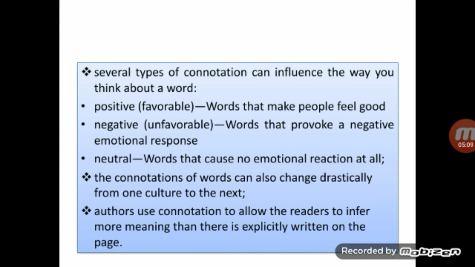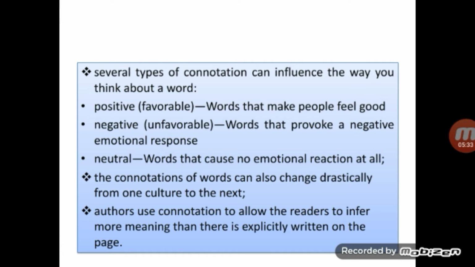Favorable here means words that make people feel good, that is positive connotation. And the words that provoke a negative emotional response connote negative or unfavorable connotation. Neutral connotation is mostly used in scientific and research writing.